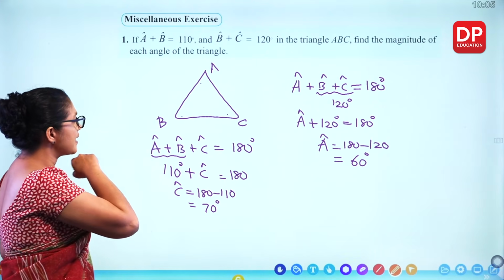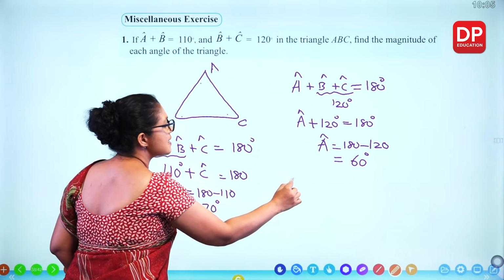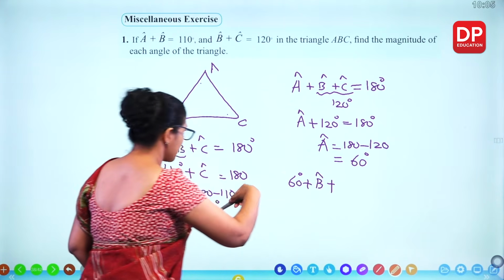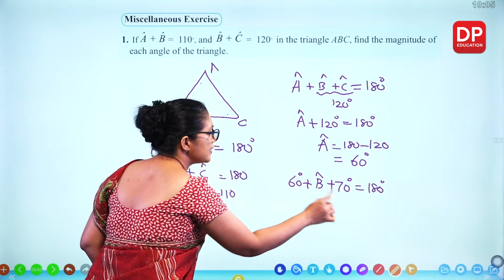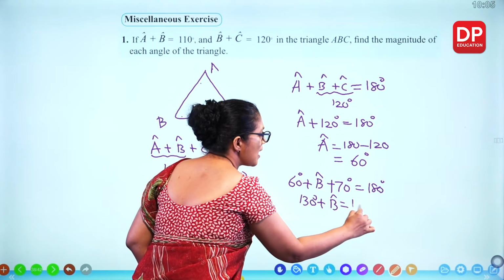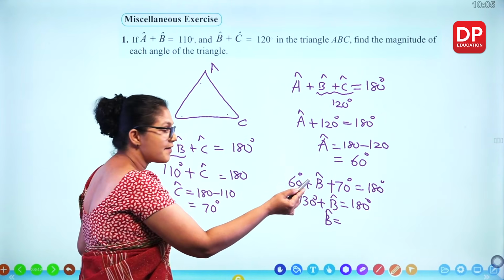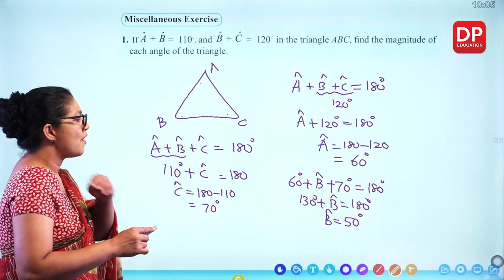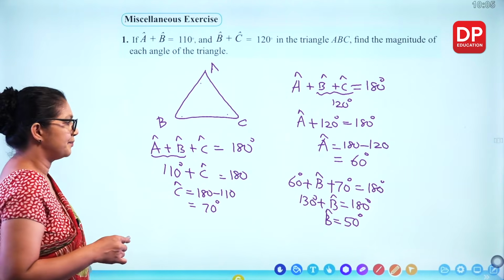So what's the B angle? Again, I can use the first equation. 60 plus B plus 70 degrees is 180. So when you add these two, I get 130 plus B equals 180. So what's the B angle? 180 minus 130, I get 50 degrees. So we found B is 50, C is 70 and A is 60.